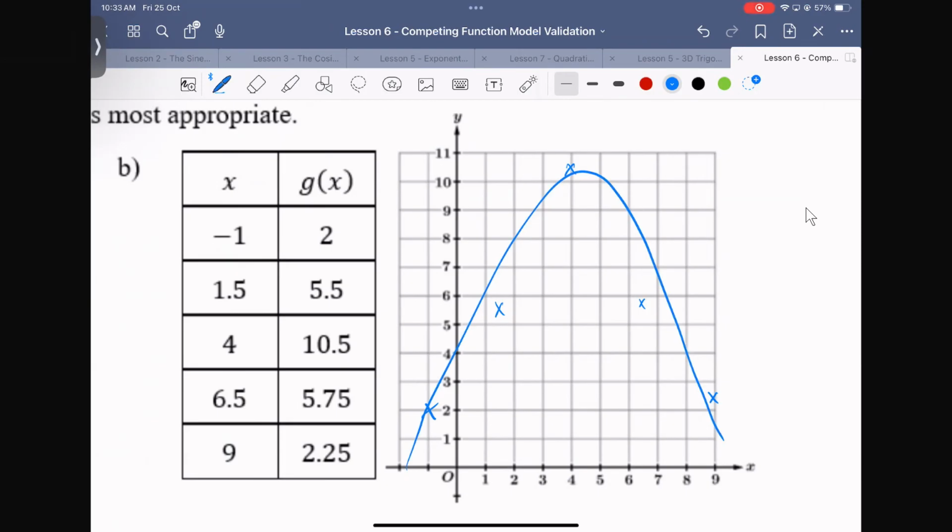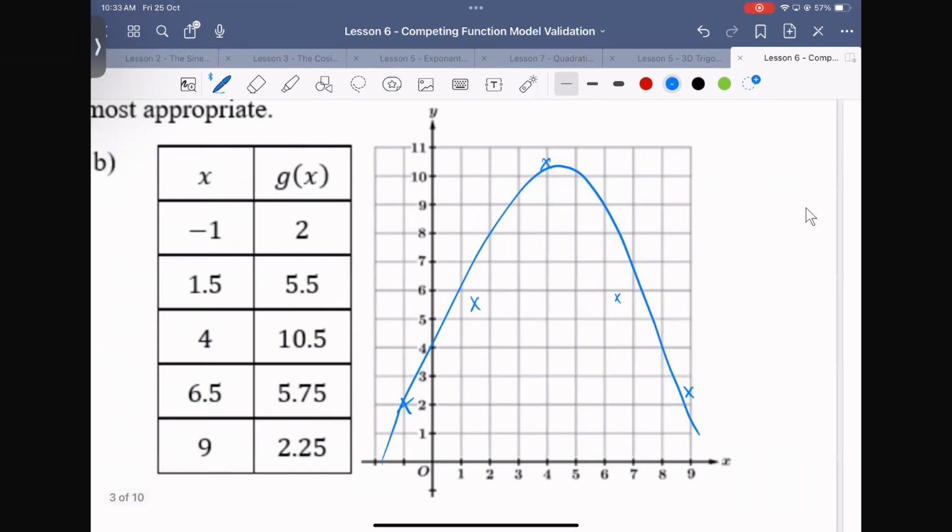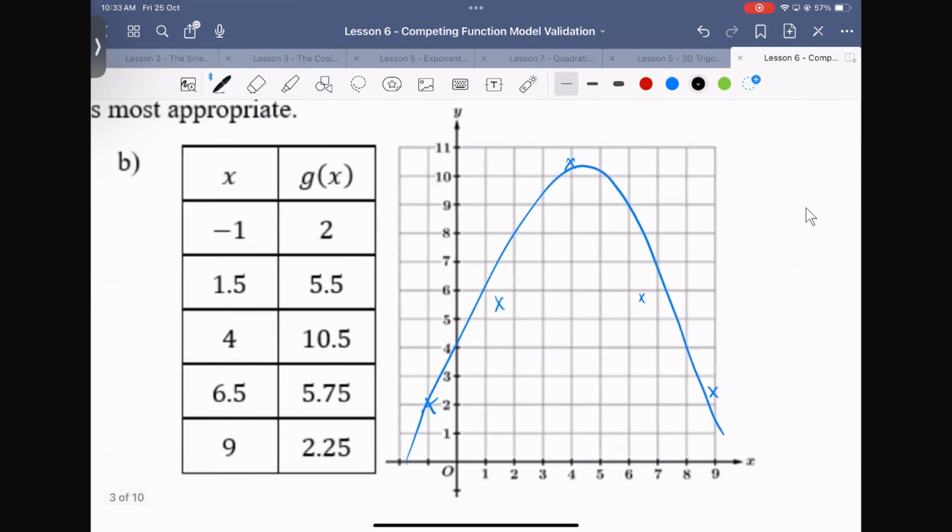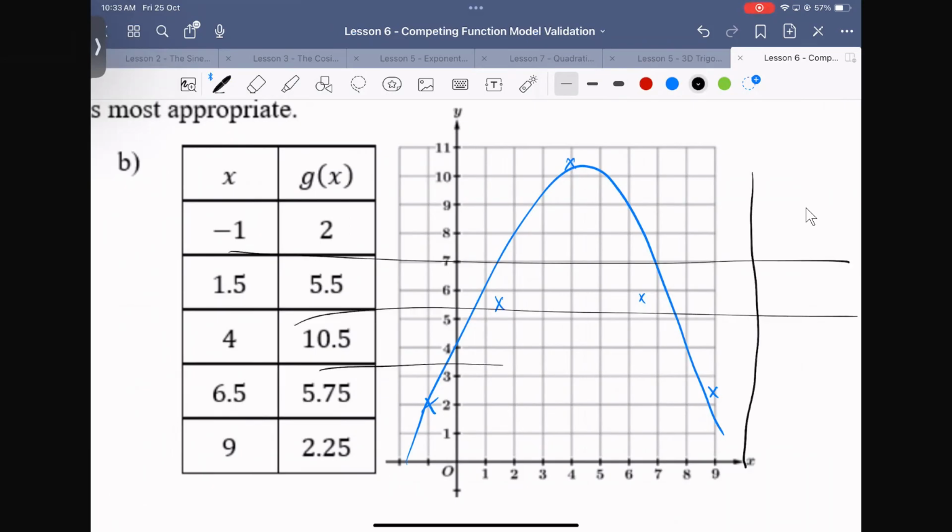This one's quadratic. Let's have a look for it in the table a little bit. I'll do the differences over here at this side. So our differences there is going to be, in the first one, we're going up by how much? Are we going up by 3.5? From here to here? 3.5?